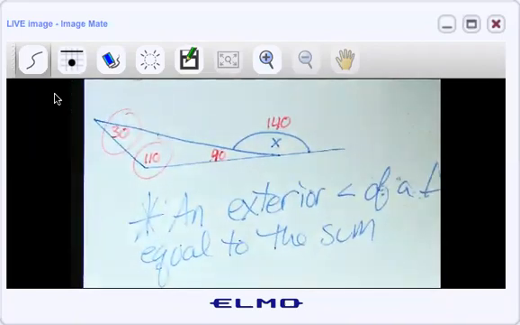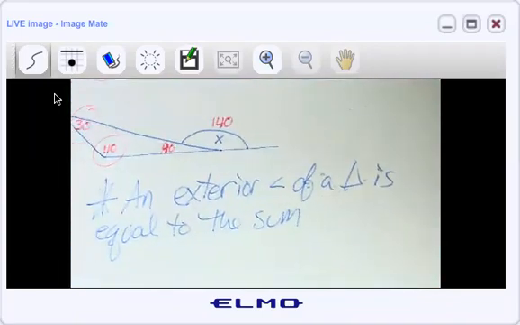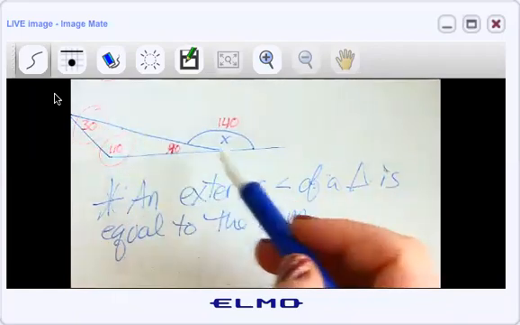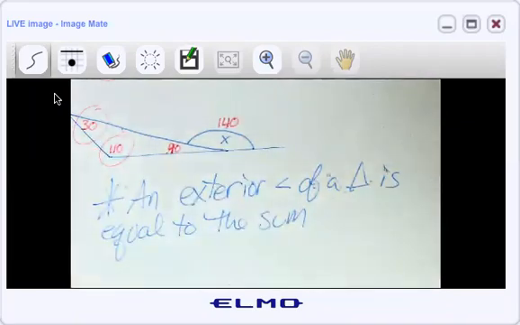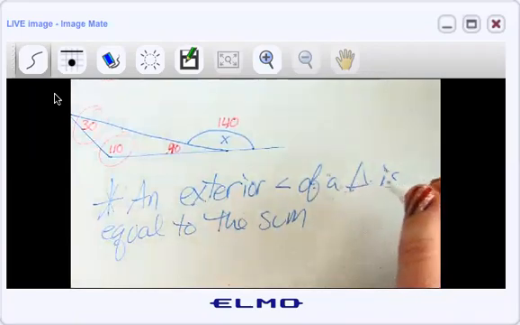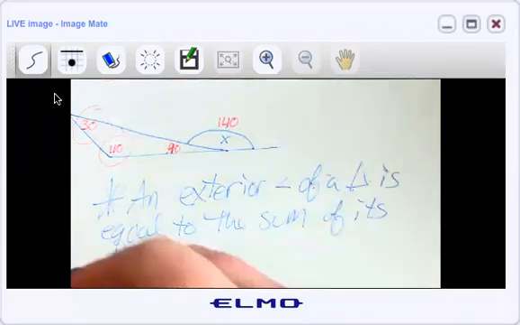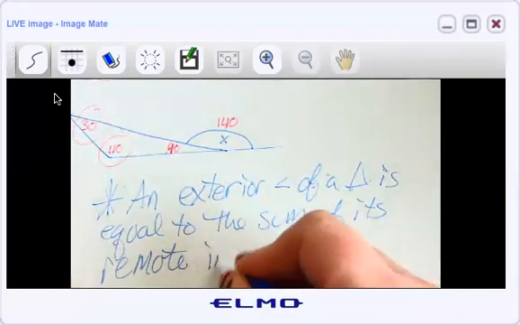Now, these are really weird words I'm about to use, but I'm going to define it in a second. We have a special vocab word for these two angles over here that are not right next to my exterior angle. They're called remote interior angles. So an exterior angle of a triangle is equal to the sum of its remote interior angles.